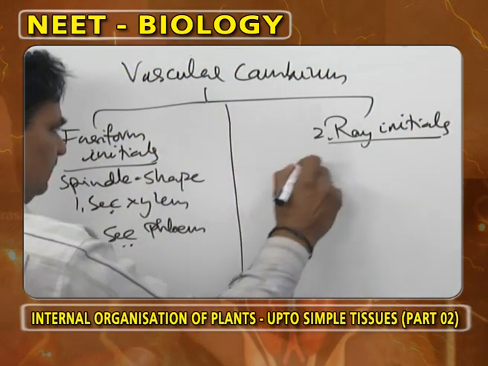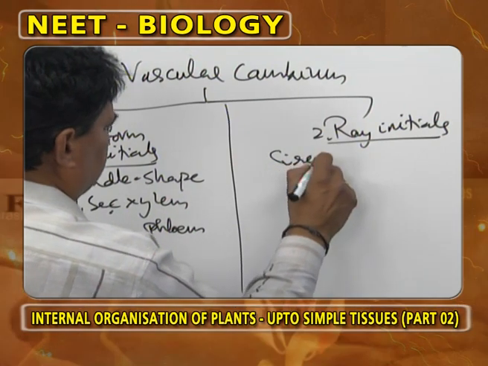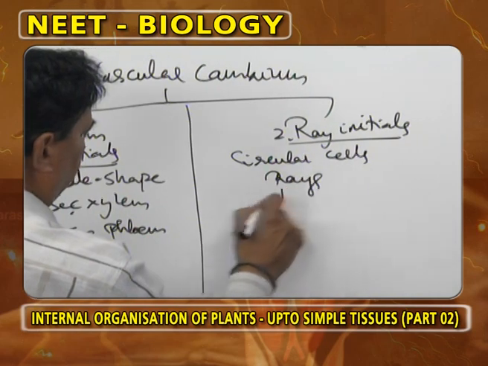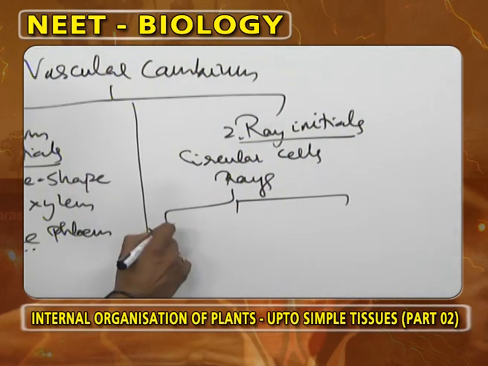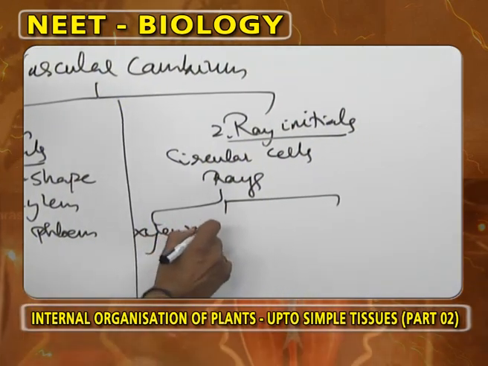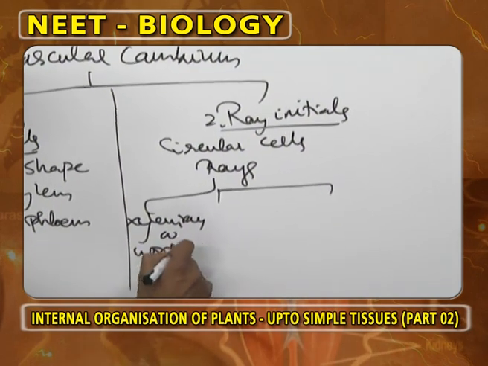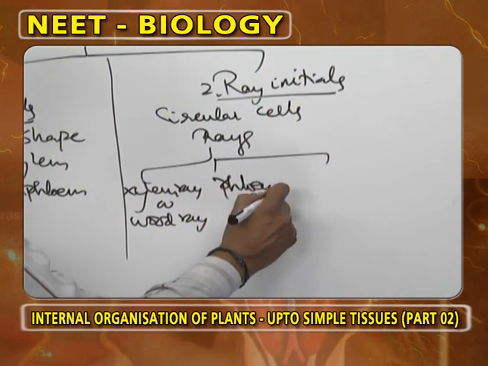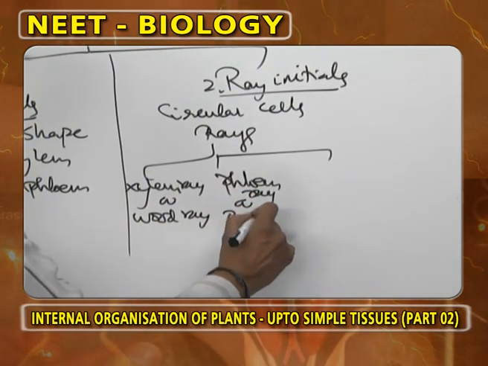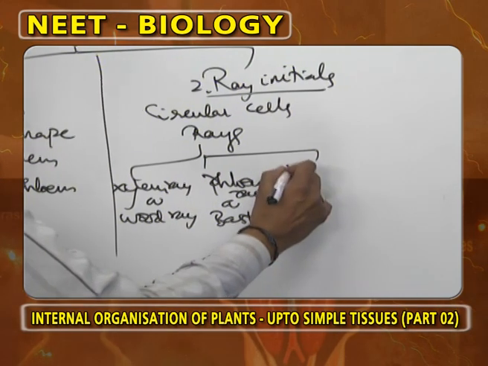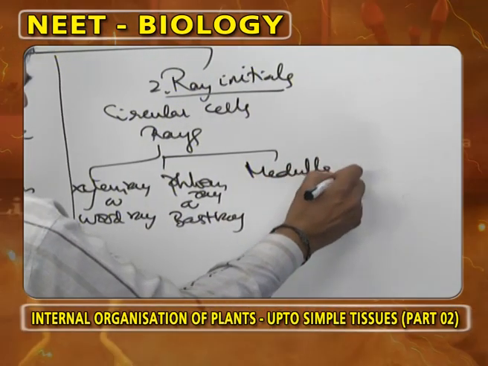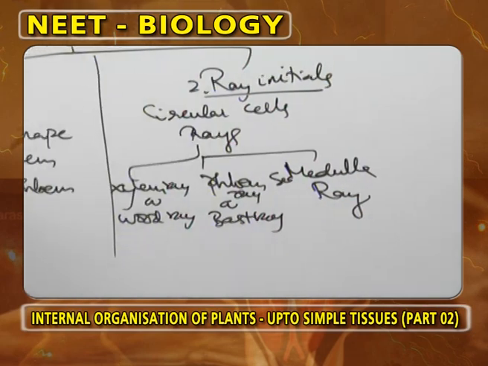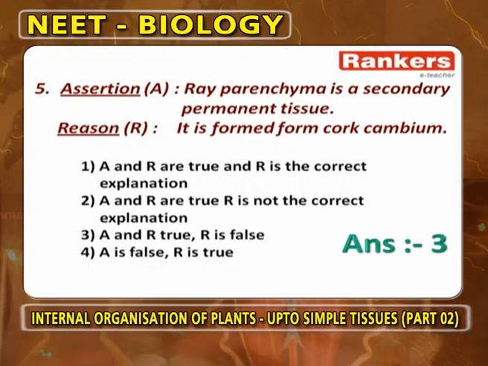Ray initials are special circular cells very compactly arranged. They divide and produce rays. The rays are of two types. Ray formed in xylem is xylem ray or wood ray. Ray formed in phloem is phloem ray or bast ray. And ray formed in medulla is called secondary medullary ray. So rays are not formed from cork cambium.